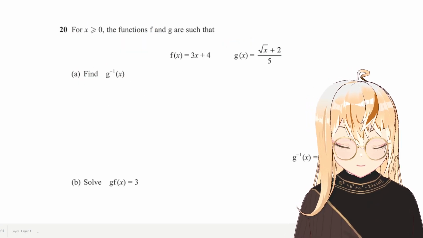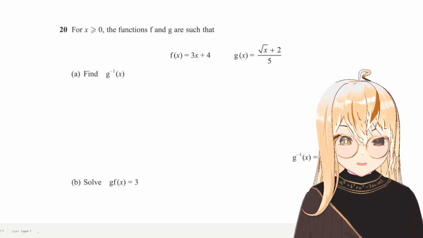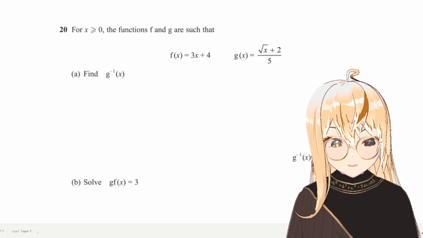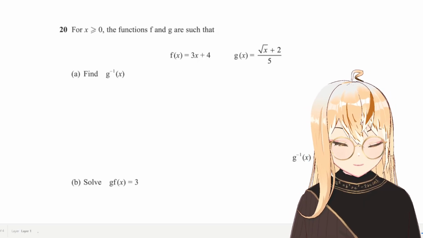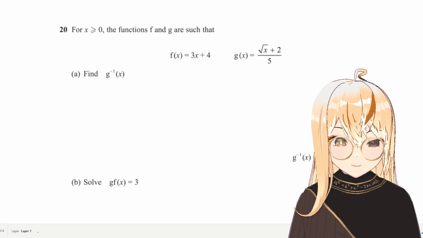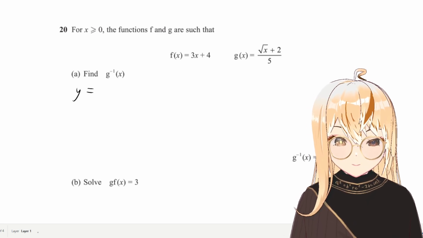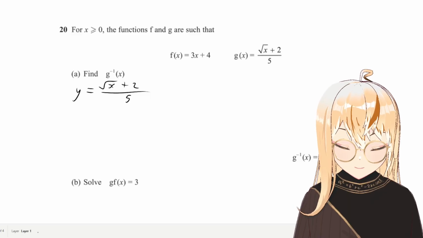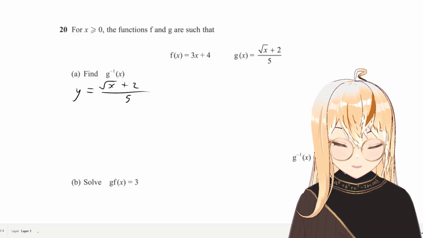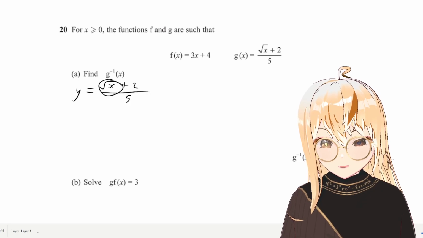Now for our next question, we're asked to find the inverse g function. And the way to find that is a little harder than just substituting things in. And so what I do is I take the g function and replace g(x) with y. Then I'll write out its rule. And so my aim with this is to get x on its own. So as we can see, x is over here.